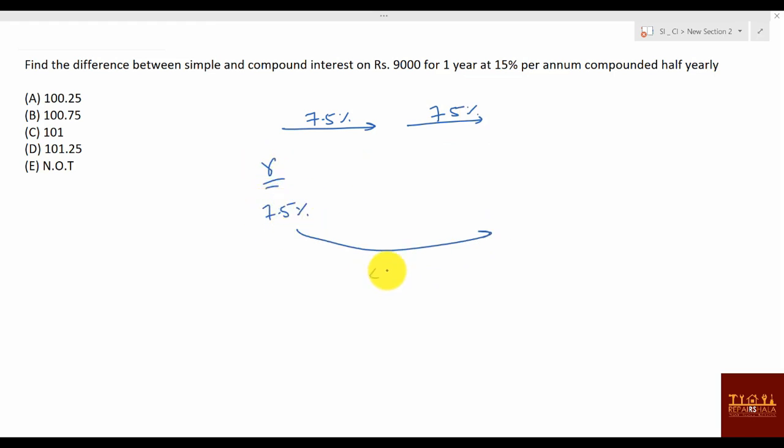So CI minus SI for 2 years, or I should say 2 cycles, what will it be? You can say 7.5 whole square divided by 100. 7.5 whole square is 56.25, by 100 means it will be 0.5625%.